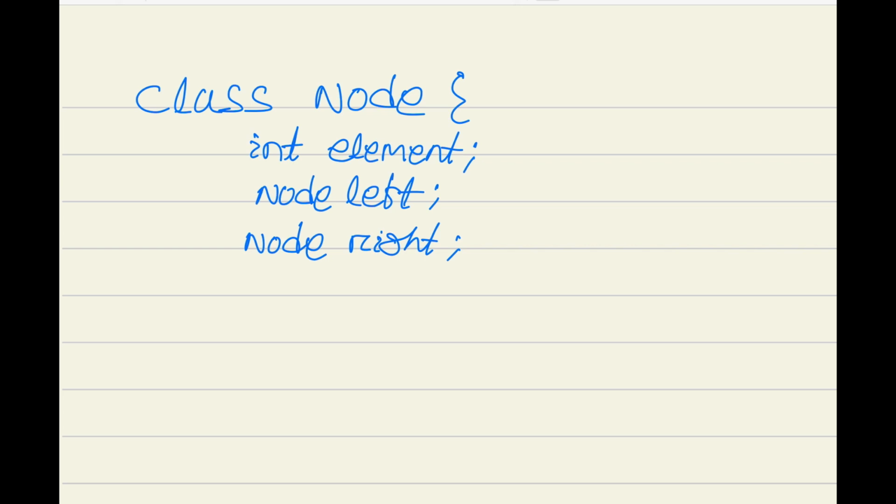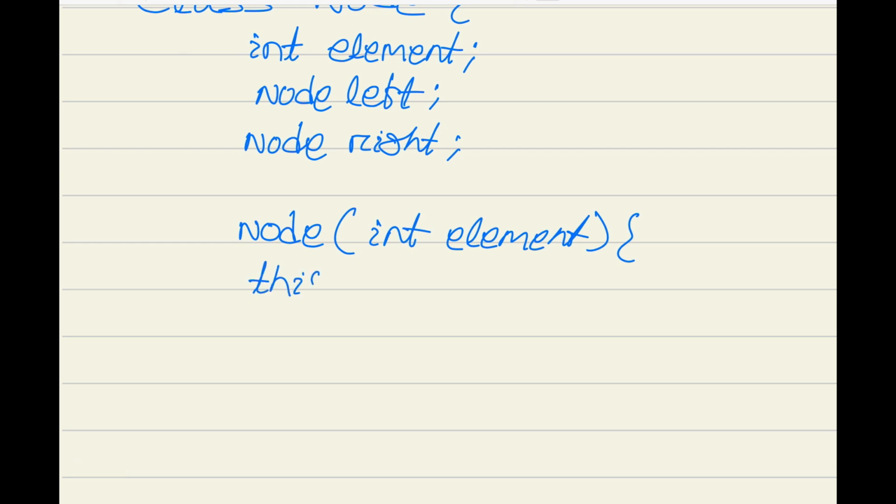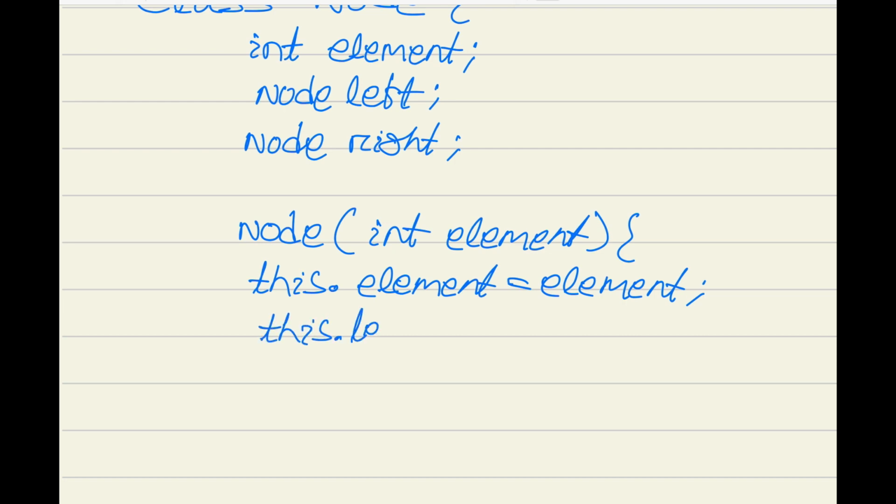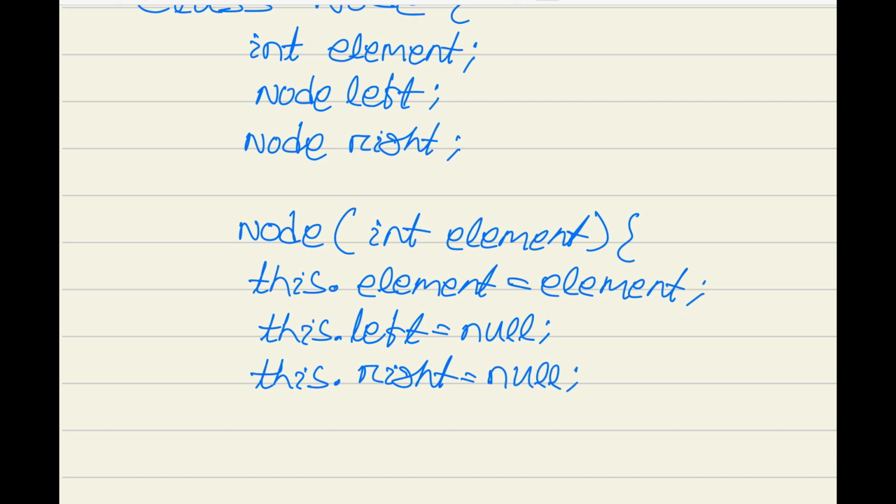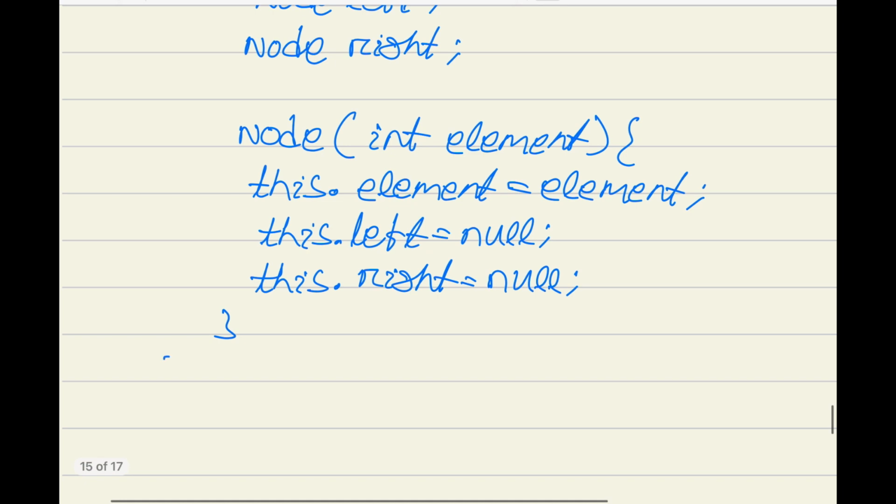Let the constructor be like this: Node, with int element as one parameter, and we can initialize like this: this.element equal to element, this.left equal to null, this.right equal to null, then end of constructor, end of class Node.